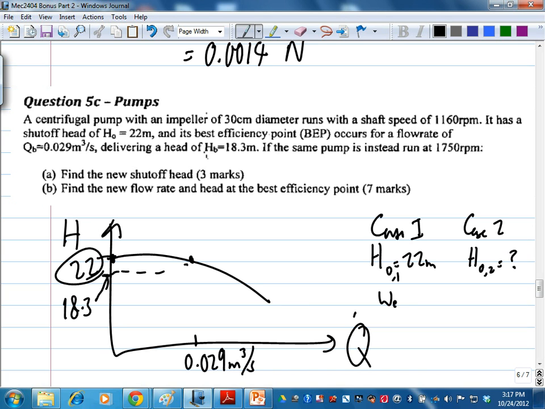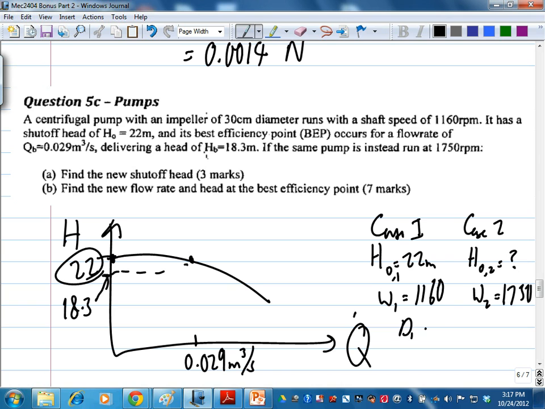Omega 1 is 1160. Omega 2 is 1750. What's the next one? Oh, diameter. Same, isn't it?